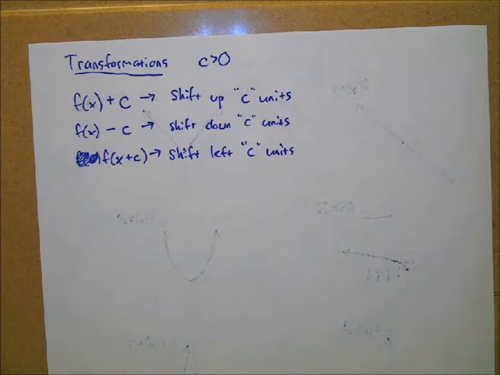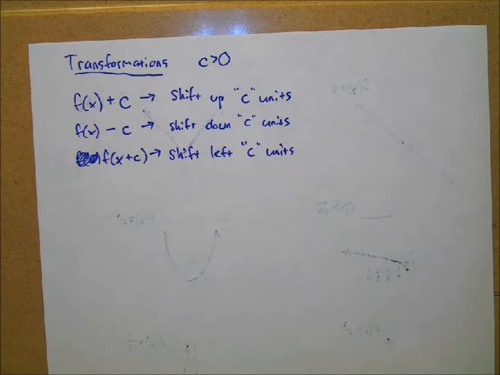The best way I can describe why adding c results in shifting everything left is this: if you think back to your original function f, and you reached a certain height at a particular x value, well, if you take that x value and add c, you're now moving further along.